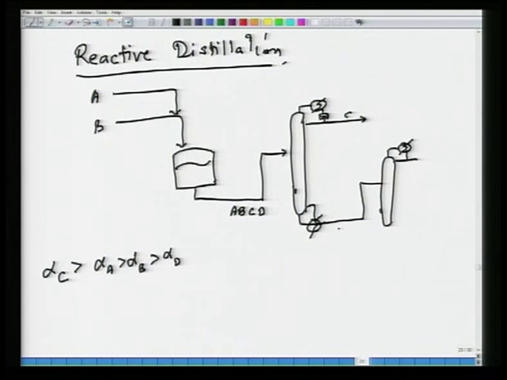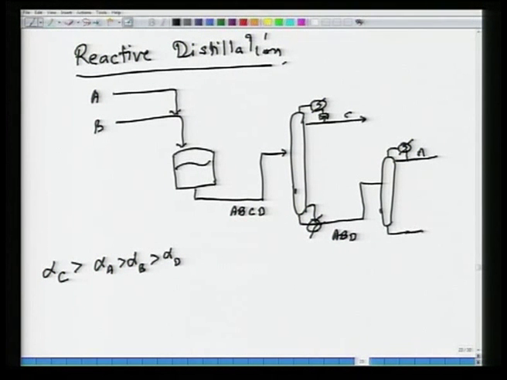So this is A, B, D, it takes out A up the top. Sorry, I made a mistake. C is gone. So A goes, and then you've got a B, D mixture here.